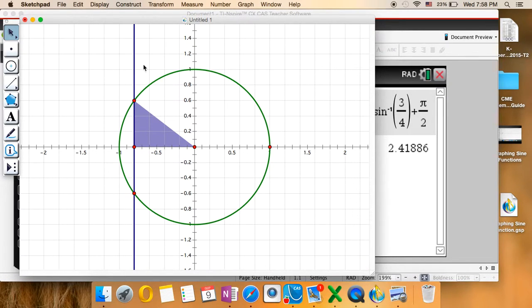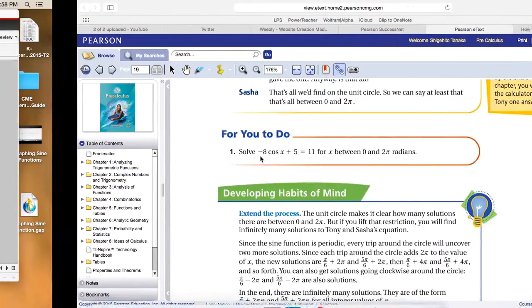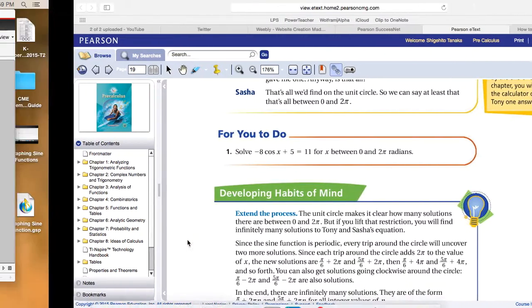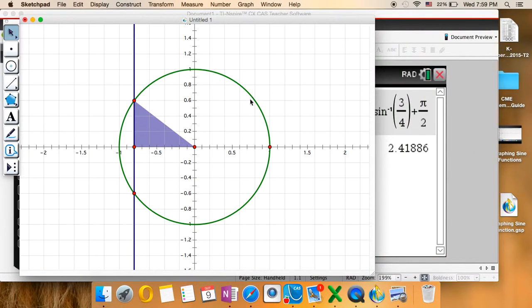If we go around the circle, the arc length will be 2 pi, which is about 6.28. To get to the second point, it is 6.28 and going 2.41 backwards, or 2.42 backwards.